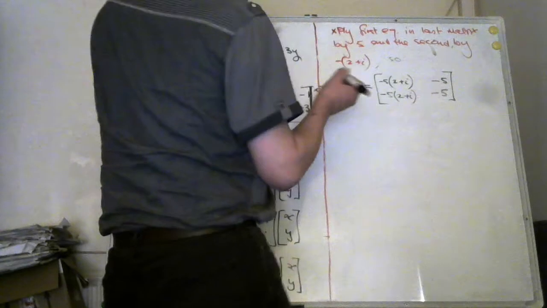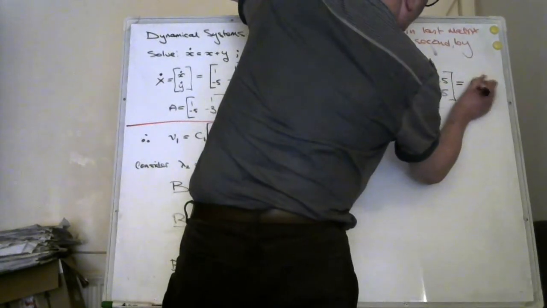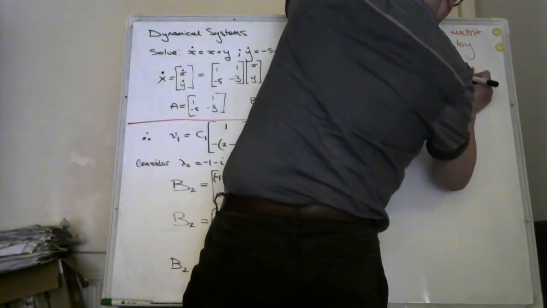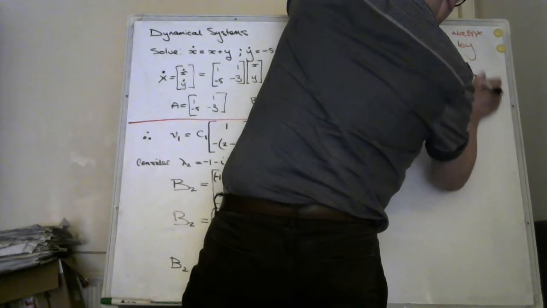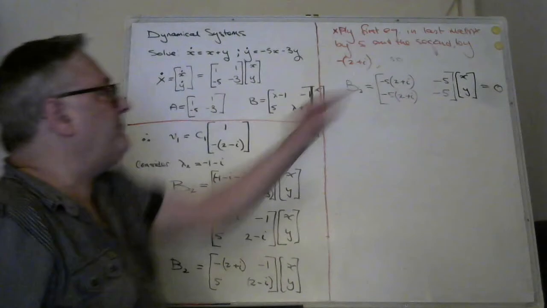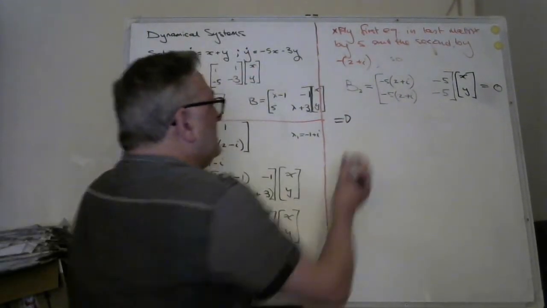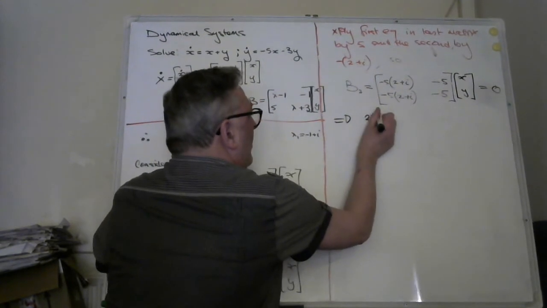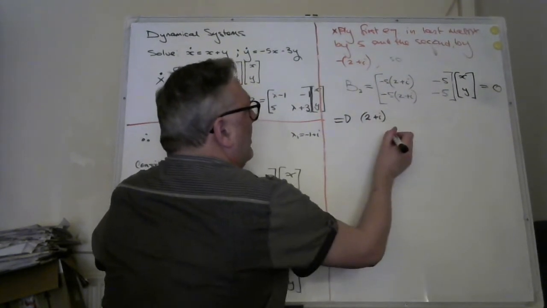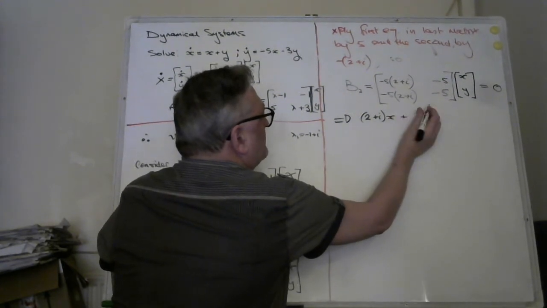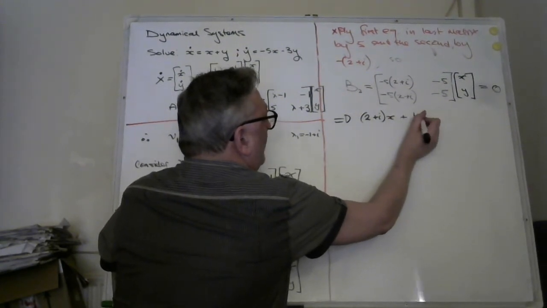And of course, this has got to be equal to 0. In fact, I forgot to put the x and y vector on the end. x, y equal to 0. This means that we can simplify both of these equations to get (2 plus i) x plus 1y.